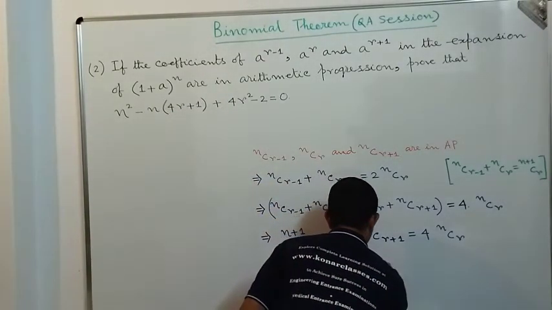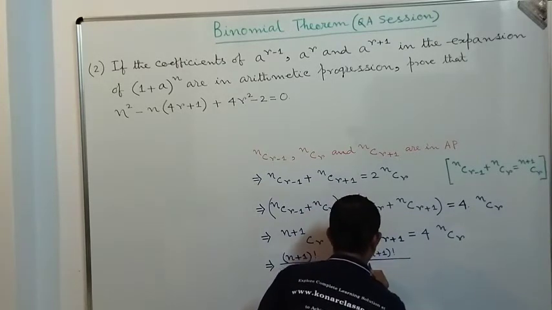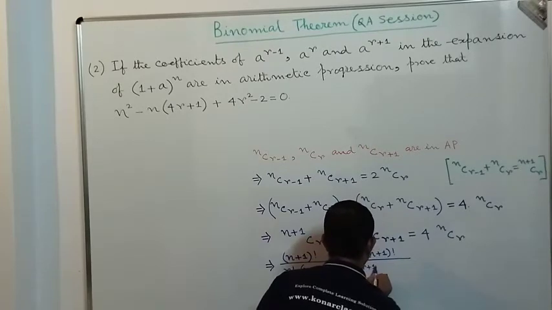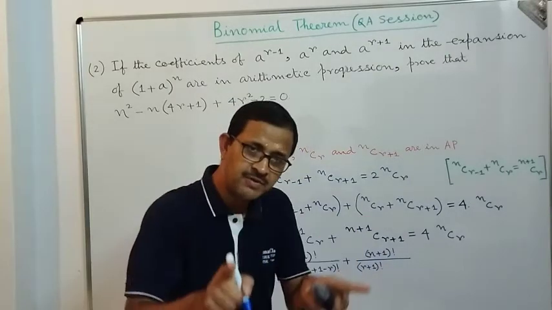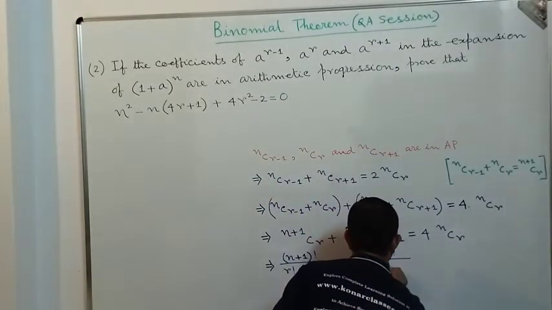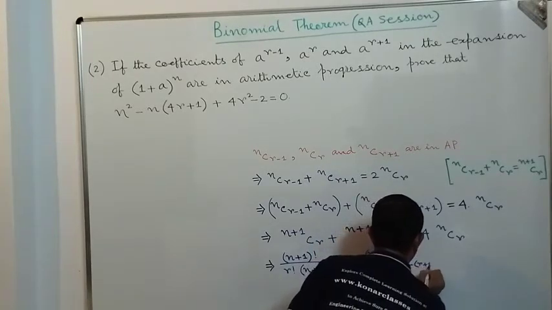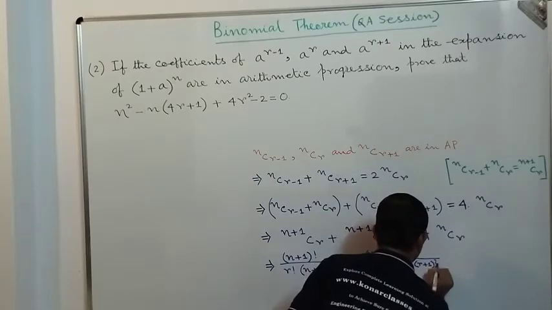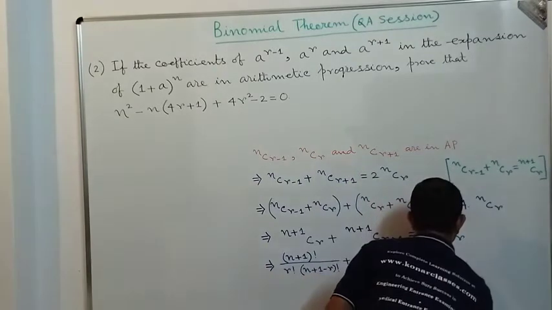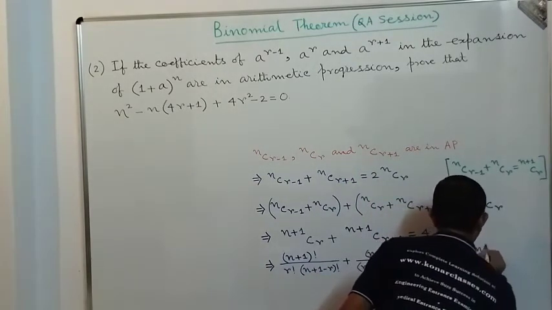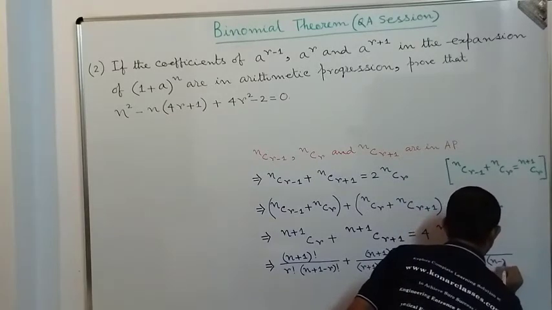That becomes what, dear students? n plus 1 factorial divided by r plus 1 factorial into n plus 1 minus of r plus 1 factorial. That means we can write n plus 1 minus of (r plus 1) within bracket, this complete factorial, correct? That is equal to what, dear students? We get 4 into nCr, that means n factorial divided by r factorial into n minus r factorial.